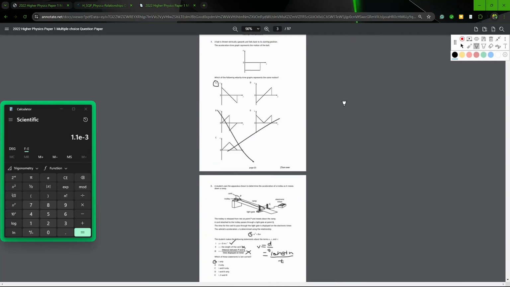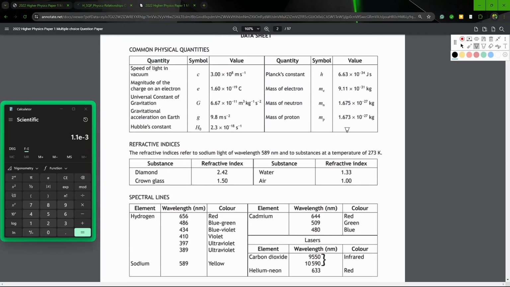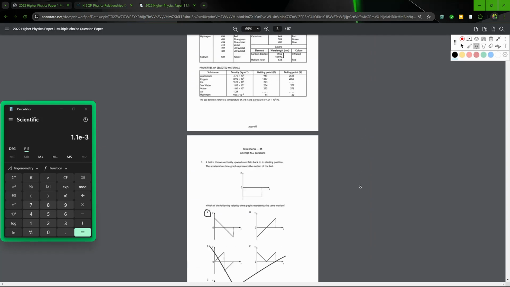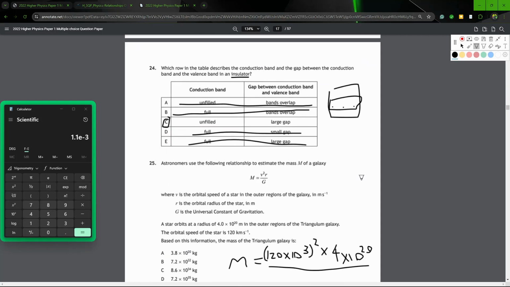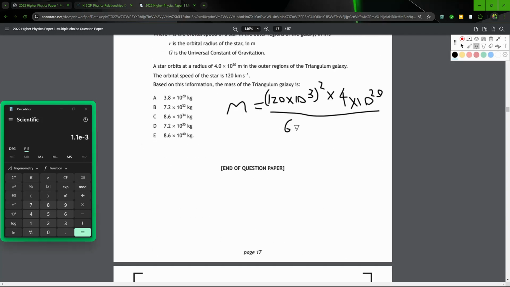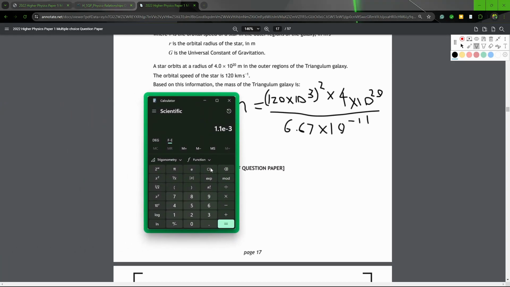I've just double checked. I'm actually so silly. Sorry, it's very late at night. Yeah, minus 11. So yeah, there's no shame in checking back in your data booklet. Sometimes you just got to do that. So 6.67 times 10 to the minus 11. And we're just going to pump that into our calculator.